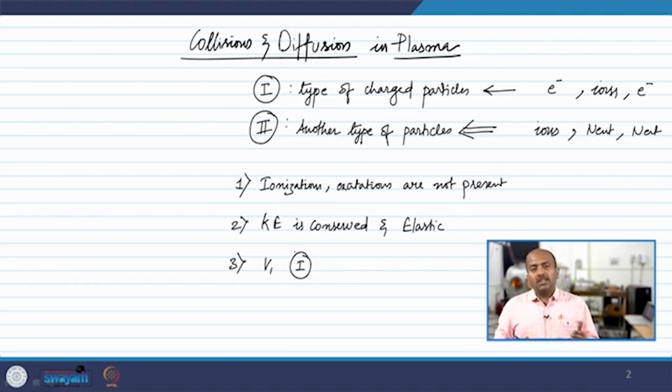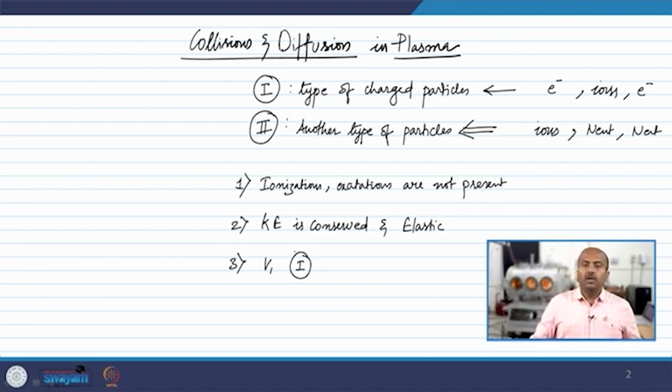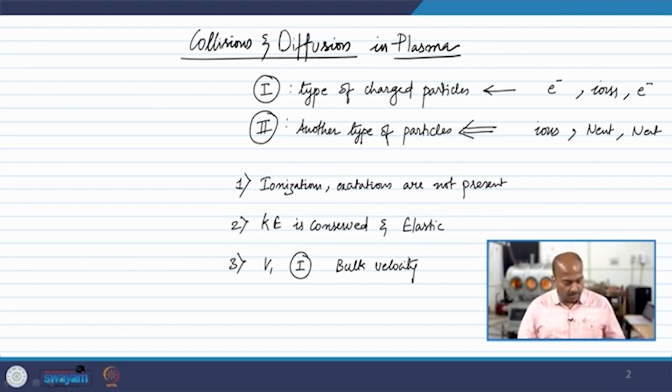So, it is implicit that some particles may have a smaller velocity than this, or some particles may have a larger velocity than this, but this V1 is called the bulk velocity of type 1 particles.